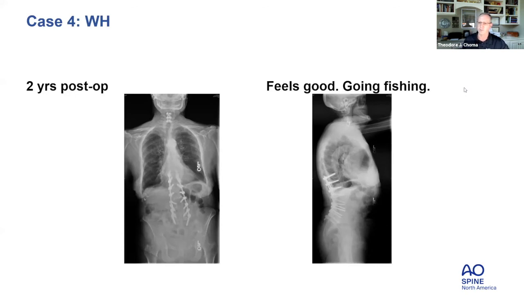When she woke up in the ICU the next day, she couldn't move her leg, and I scanned her and there was a large amount of cement in the canal, just medial to the pedicle. So I took her back to the operating room, and because I had used hydroxyapatite cement, there was no thermal damage to the neural elements.